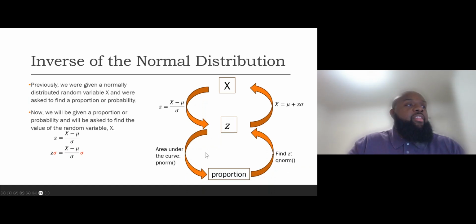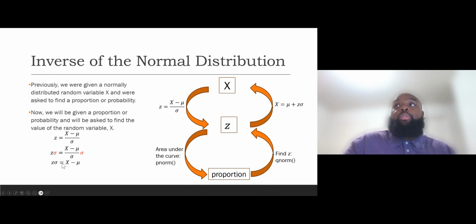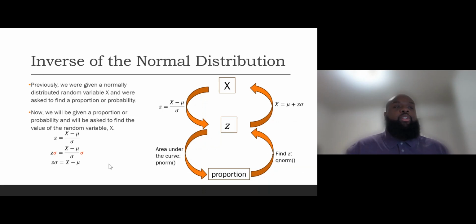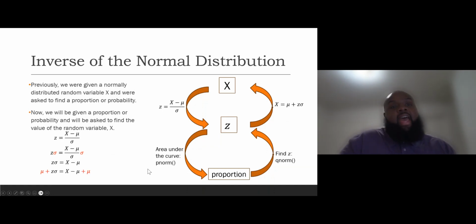The nice thing about that is that these sigmas will cancel, and we're going to be left with z sigma equals x minus mu. Now, the only other thing that we would do to solve for x would be to add mu to both sides. And the nice thing that happens here is that these mu's cancel and we'll be just left with the x on the right-hand side. And so that's why we have x equals mu plus z times sigma.